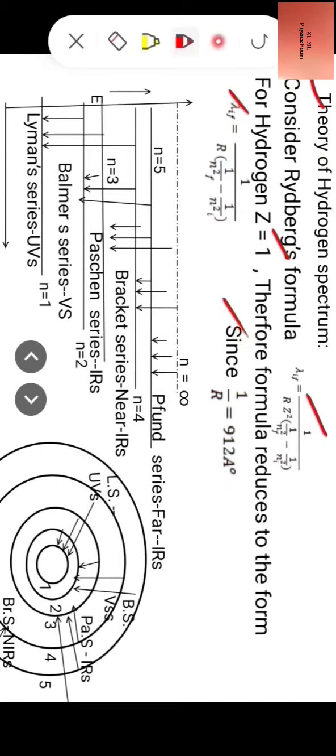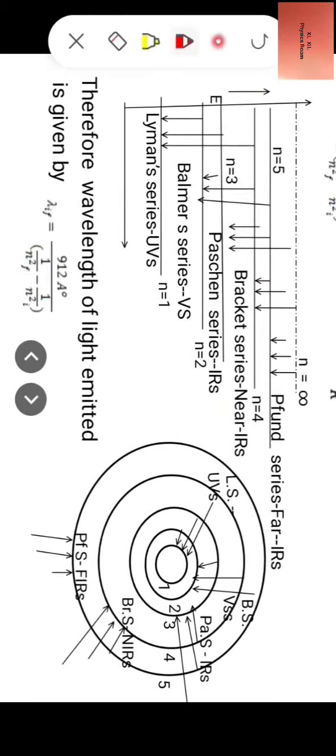Now, since 1 by R is equal to 912 angstrom, the wavelength of light emitted is given by the expression lambda IF is equal to 912 divided by 1 by nf square minus 1 by ni square angstroms. Okay, so this is the formula by which we will calculate the wavelength of light emitted when electron jumps from higher orbit to lower orbit.